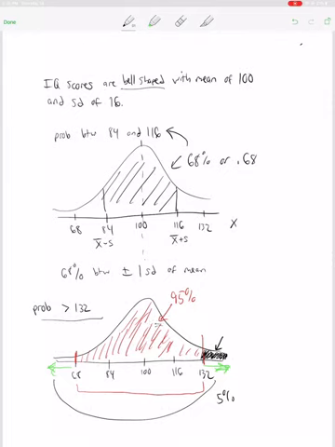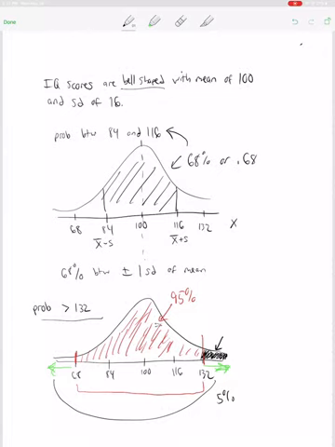If you have all of the observations, that's 100%, or 1 if we think of proportions. So 5% is outside of the range, and 95% is in between 68 and 132. Then I'm almost there.